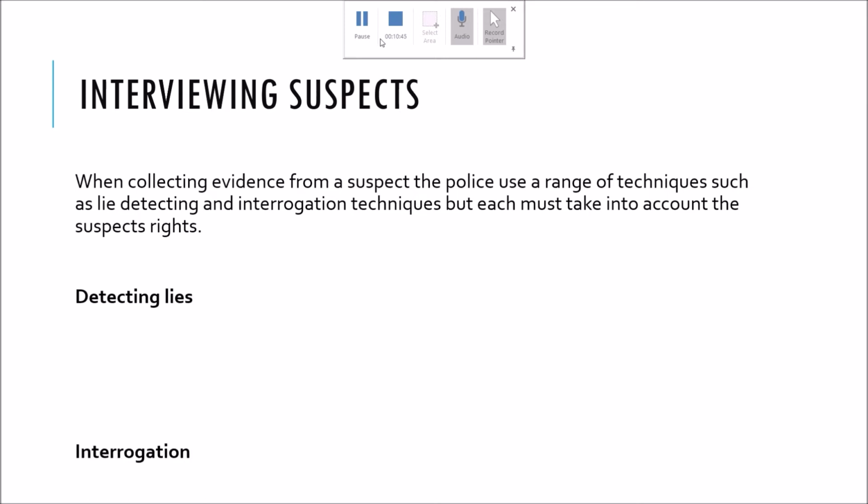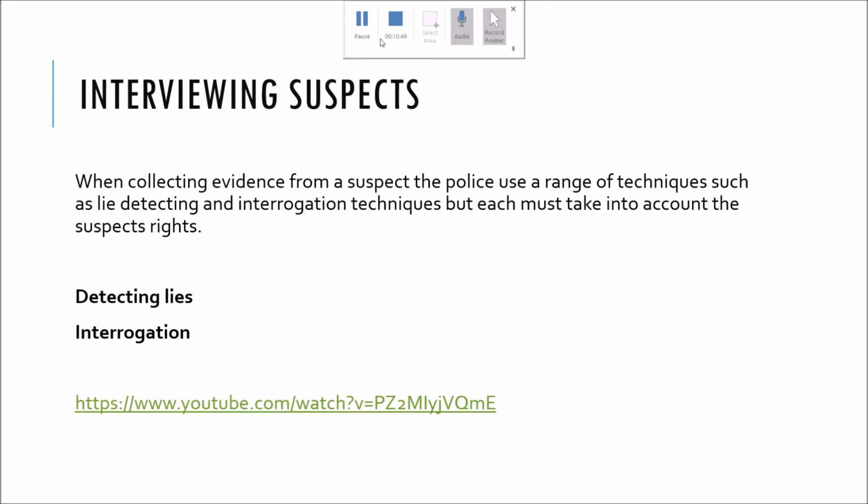Okay, now when you are interviewing suspects, you generally treat this in a slightly different way. You use a range of techniques as we're often trying to investigate things like, are they lying about whether they committed this crime or not, or where they were, and we use some techniques such as interrogation.